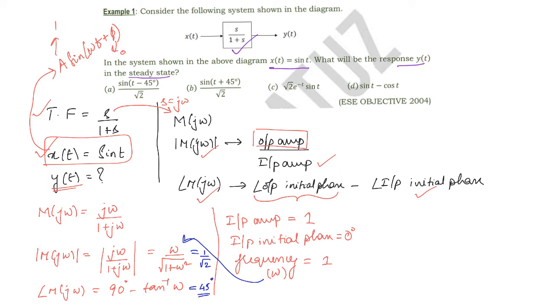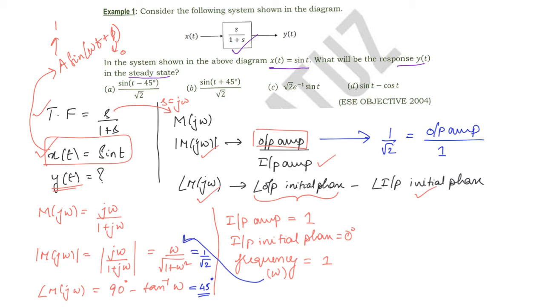Now these values that you have found out, you can substitute in this equation. So you will get mod of M of j omega at frequency 1 radian per second is 1 by root 2. This is equal to the output amplitude divided by the input amplitude, which is 1. So the output amplitude is simply 1 by root 2.